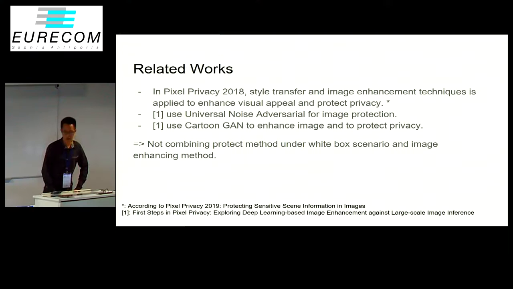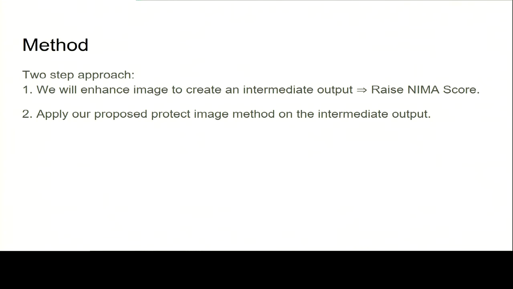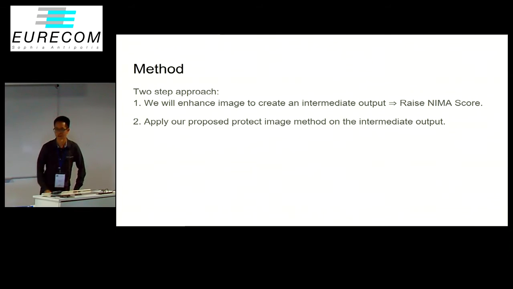For related works, the authors looked into last year's competition, and most of them used style transfer methods, not combining protection methods under the white box scenario with image enhancing methods. So they propose a method with two steps.